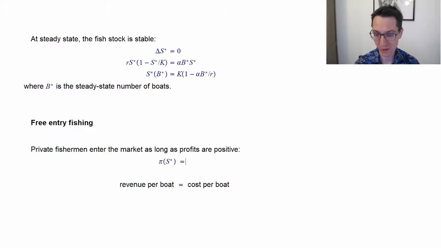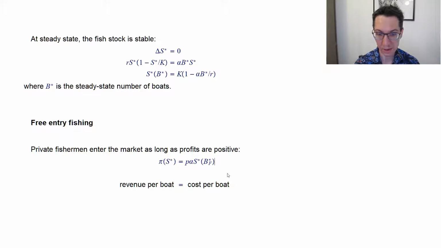So it's a function of the stock of fish in steady state, and it's equal to the price of fish, P, times catches in steady state, so alpha S star of B star.